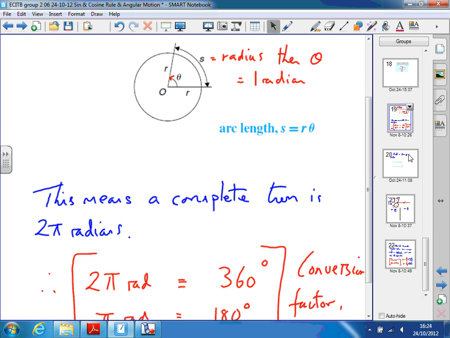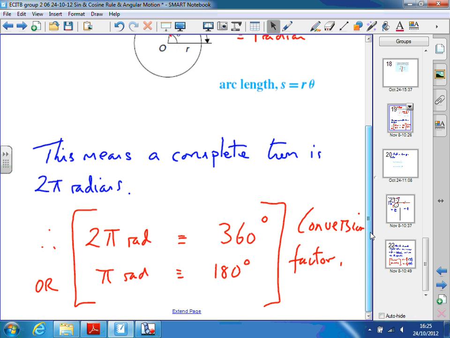Then 2 pi times the radius is the complete turn. So if we're measuring our angle in radians, then a complete turn is 2 pi radians. Therefore, 2 pi radians is equivalent to 360 degrees, and that's what we use to convert from one to another.